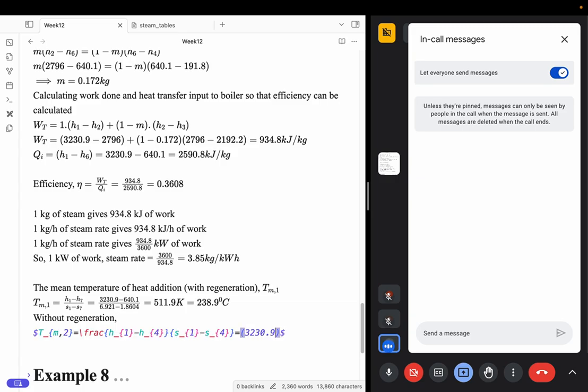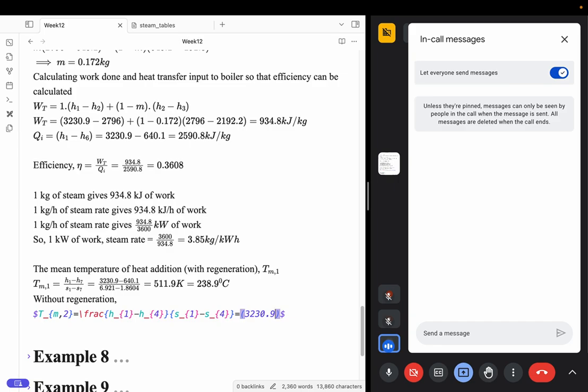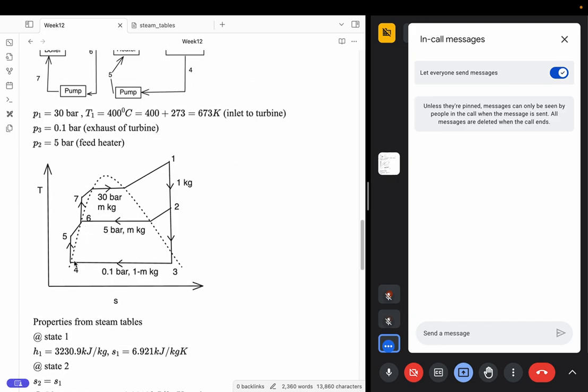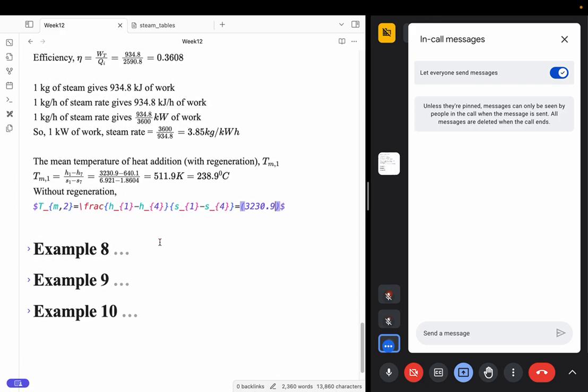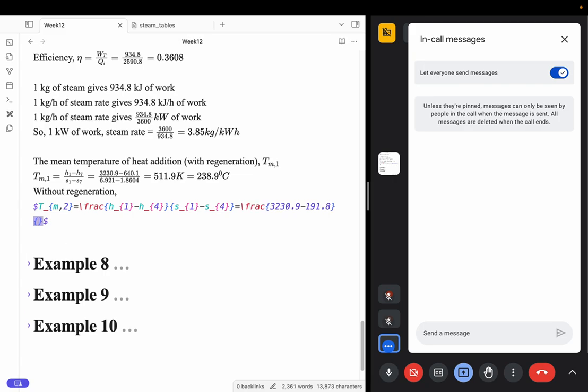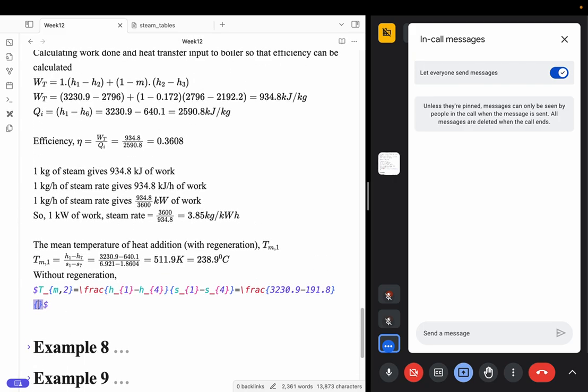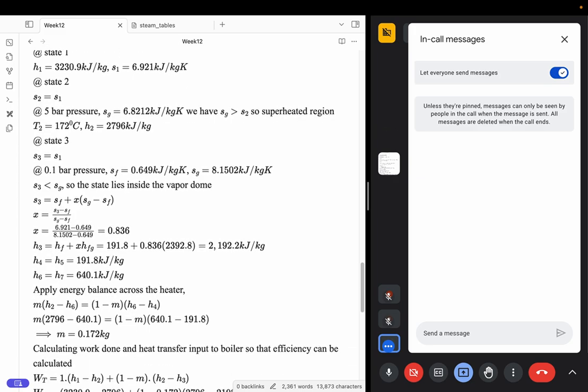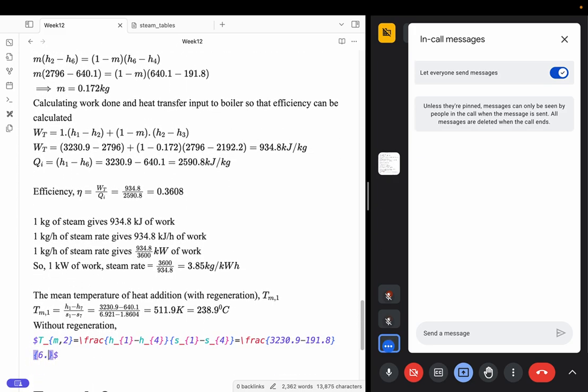If you do not have regeneration, this will be directly connected to your boiler, so it will directly go here. So it will be H1 minus H4 by S1 minus S4. We'll just substitute the values. S1 into 1 minus 0.64.